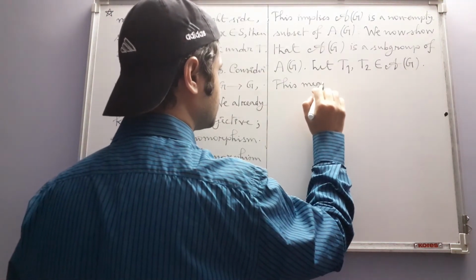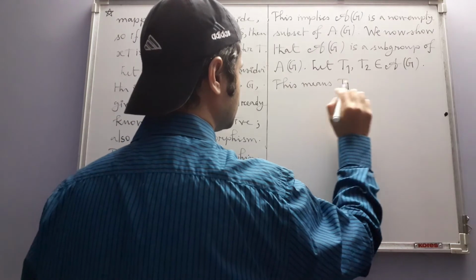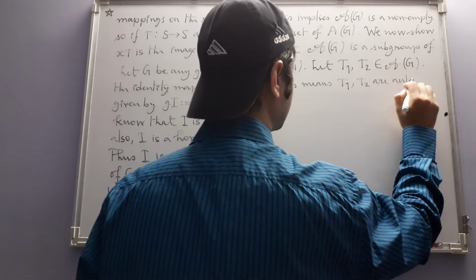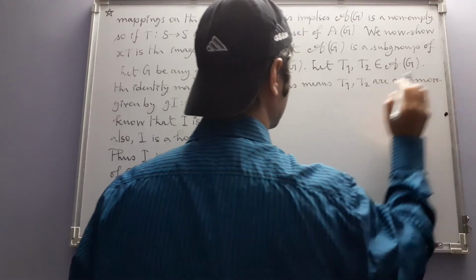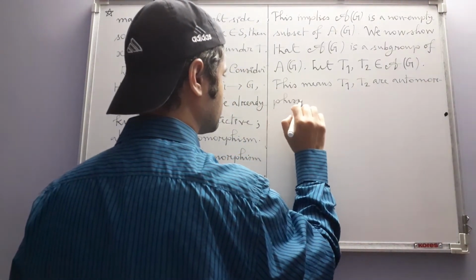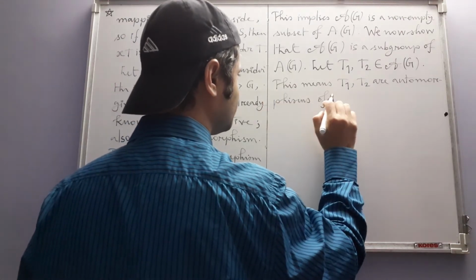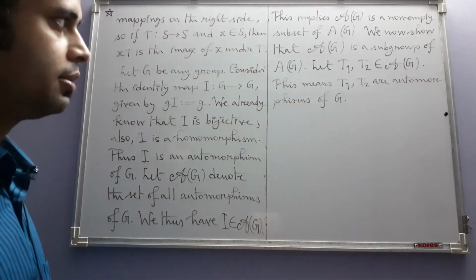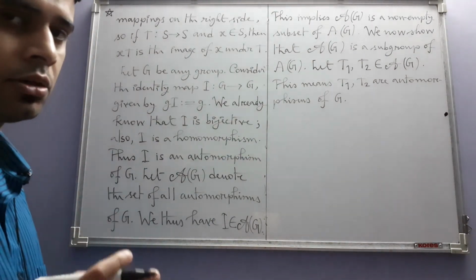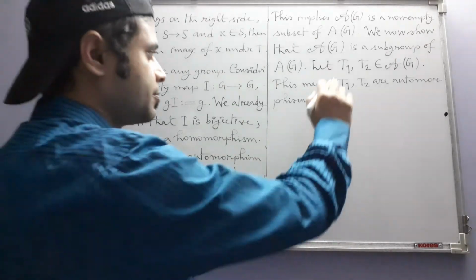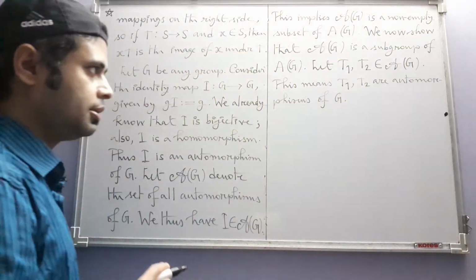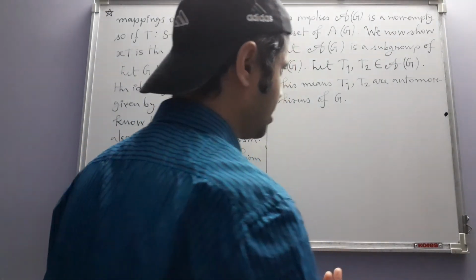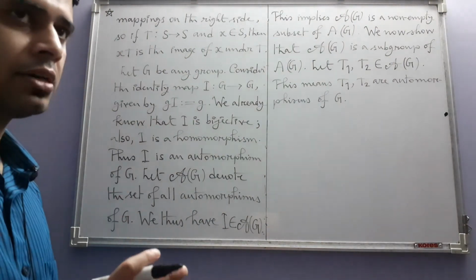This means T1 and T2 are automorphisms of G. First we have to show that T1 composition T2, because the binary operation is composition, keep that in mind, is again a homomorphism and also bijective, but the bijective part we already have.